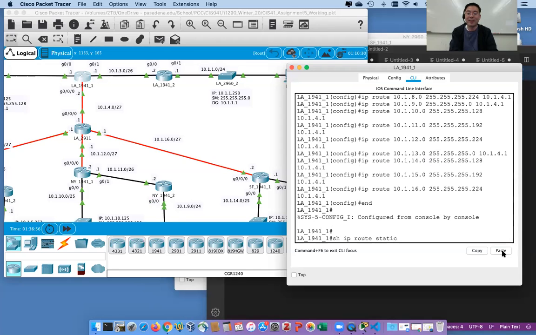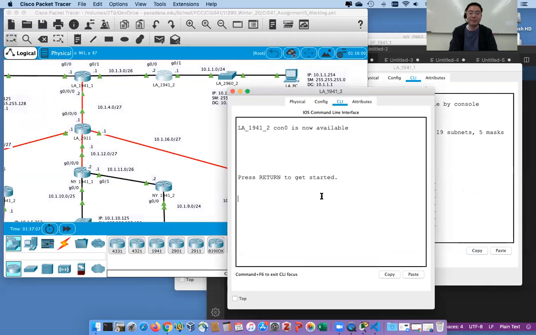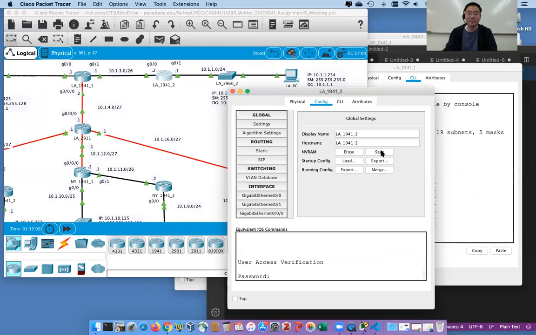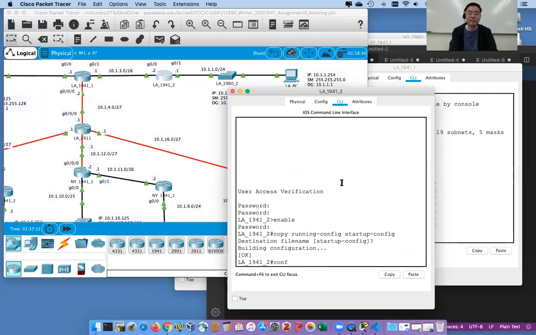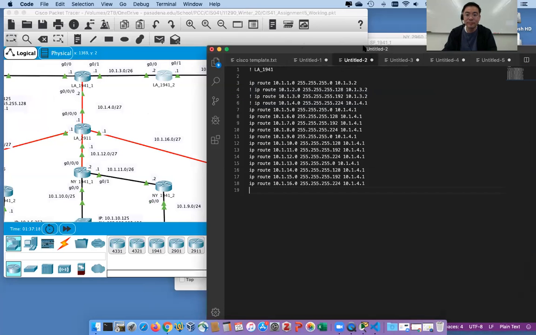Show IP route static. Okay. This one now, the second 1941. Not concerned about the 1 network because it's directly connected, not concerned about the 3 network as it's directly connected.